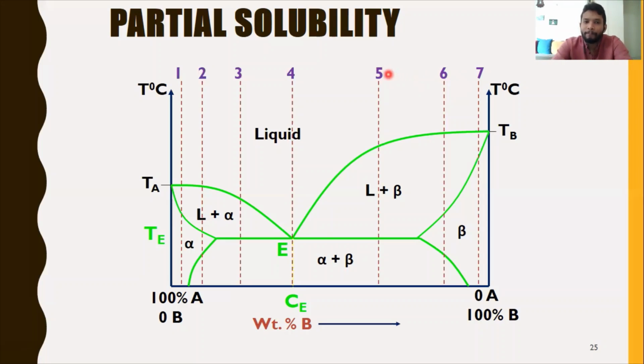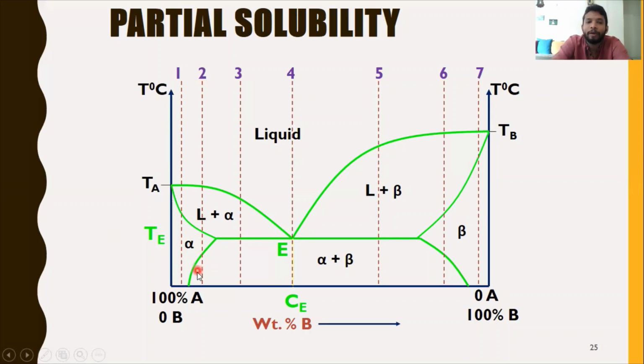Now, if you look at these three lines, here you will see liquid becomes liquid and alpha, then becomes alpha. So here it is quite easy. This is what we did earlier, complete solubility. And line 2 is quite tricky. Here liquid becomes liquid and alpha, and then all becomes alpha.